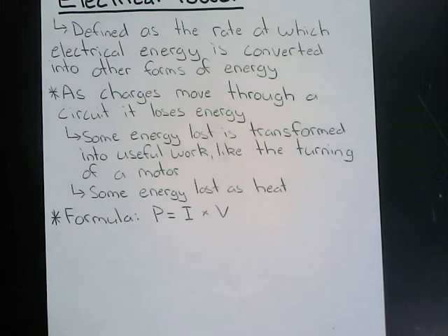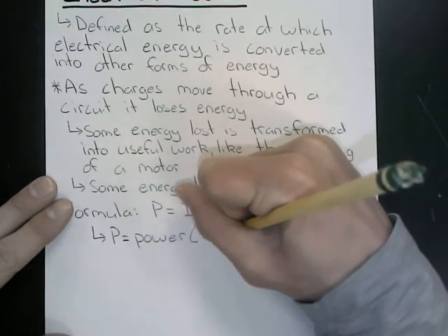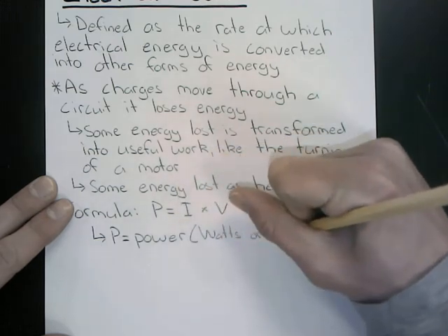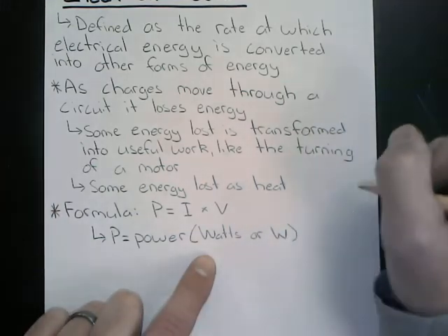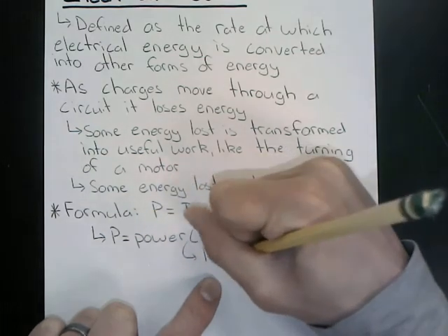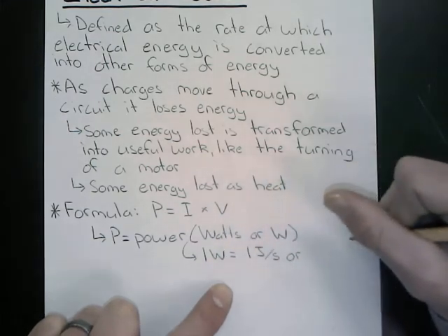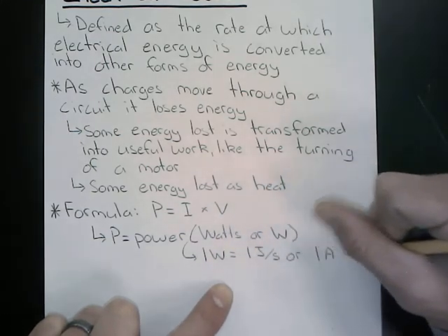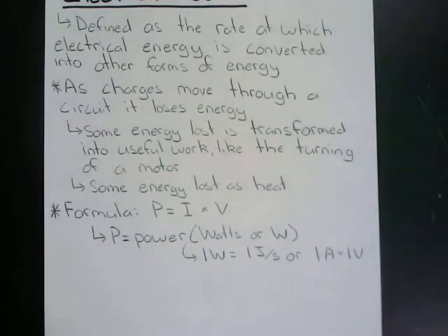To go over these items in our formula, P is for power, and the unit for power is watts, which you can abbreviate with a capital W. Just as a reminder, a little side note: 1 watt is equal to 1 joule per second, or 1 amp times 1 volt. So it can be a joule per second or amp volt.